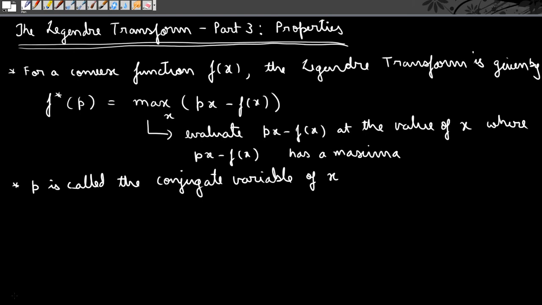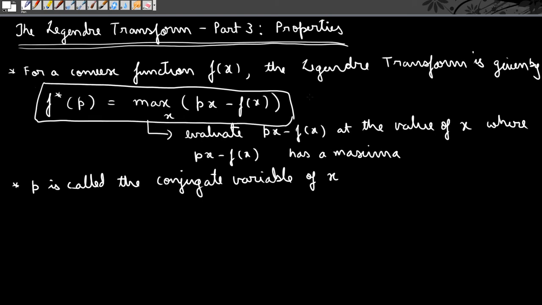So far we have seen the mathematical formulation of the Legendre Transform, which says the following: for a convex function f of x, the Legendre Transform is given by f star of p equal to max with respect to x of px minus f of x. Note that I have changed the notation here to follow the general convention followed in various literatures.